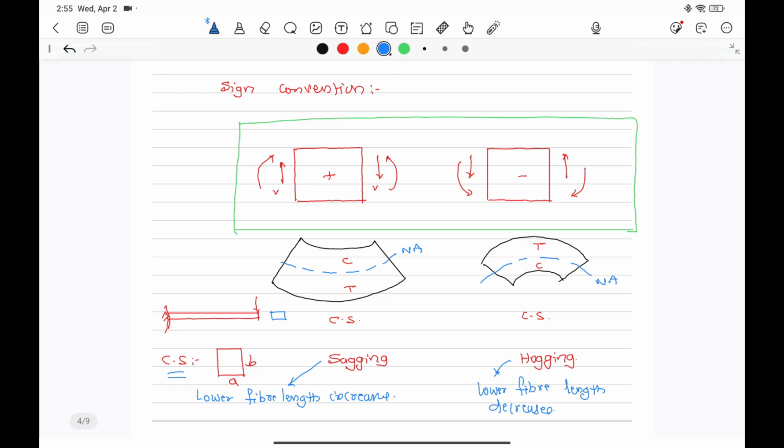Here upper fiber length, cross section area I am talking about, length decreases. Here upper fiber length increases. This I am only talking about the cross section.